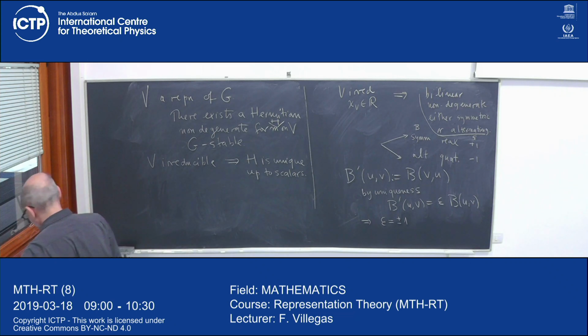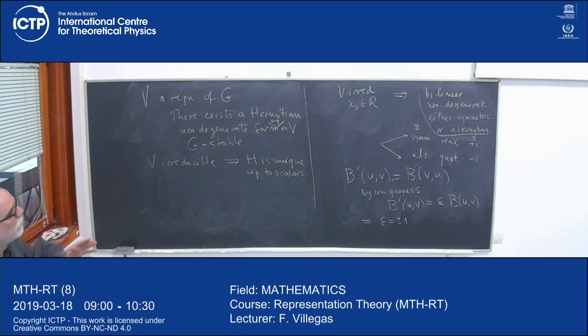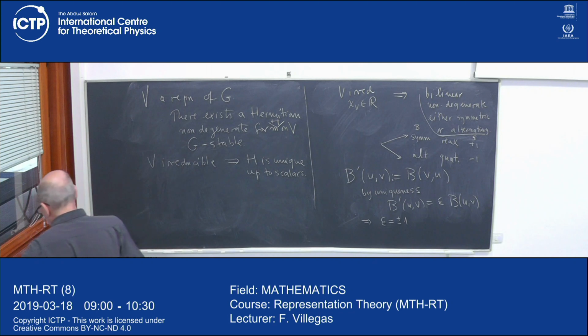Just the same argument as Schur's lemma. So now we have, on one hand, a Hermitian form H and a bilinear form B. They're both unique up to scalars.